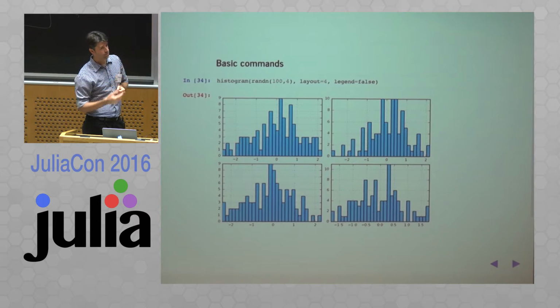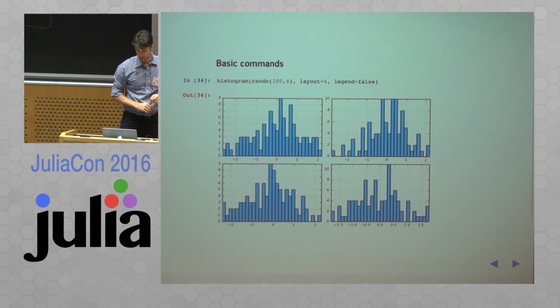Given four subplots, it's going to pick the best grid size to fit that, and it's going to create what's called a grid layout for you automatically. And then it will assign the series to the underlying subplots in a round robin cycling fashion.